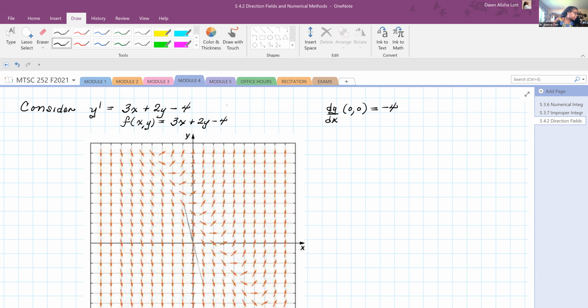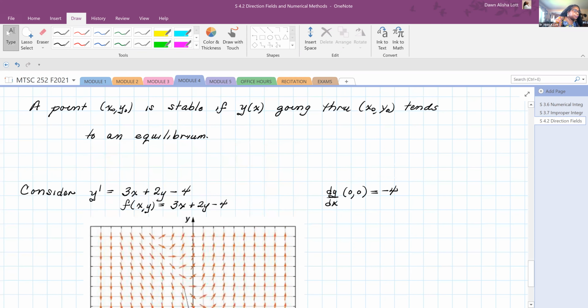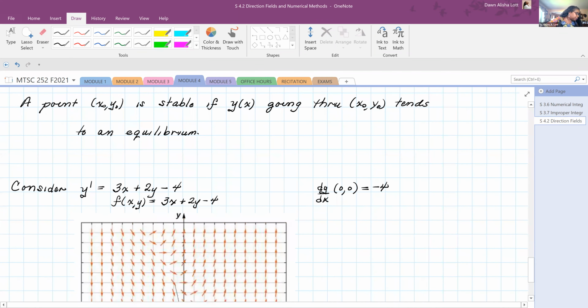Please look in the book because the book online has some really nice pictures. All right. Let's talk about Euler's method.